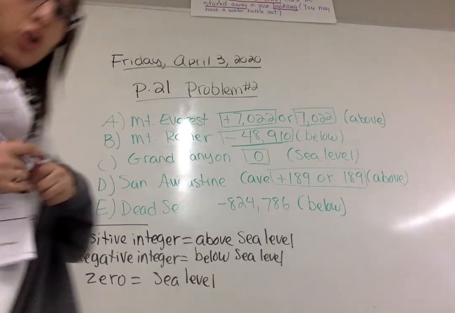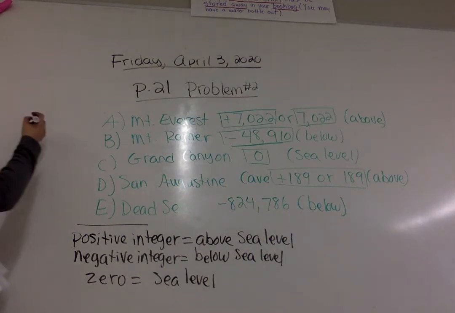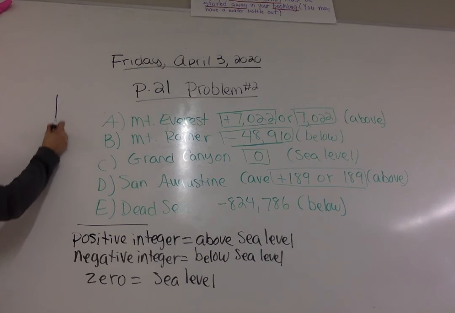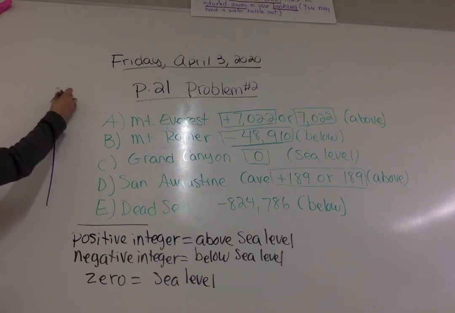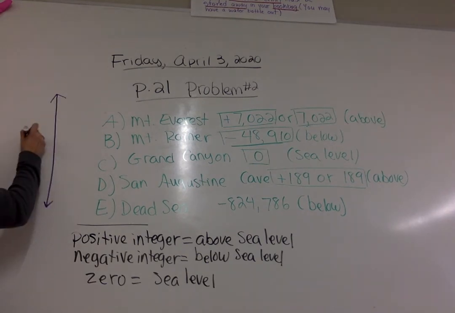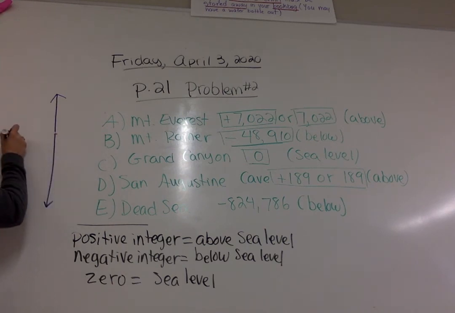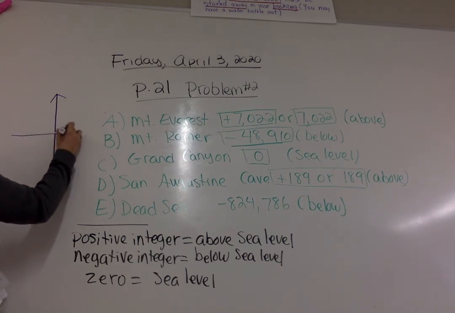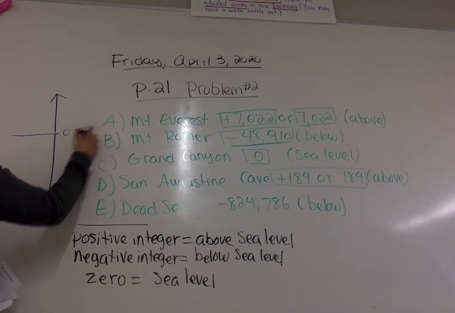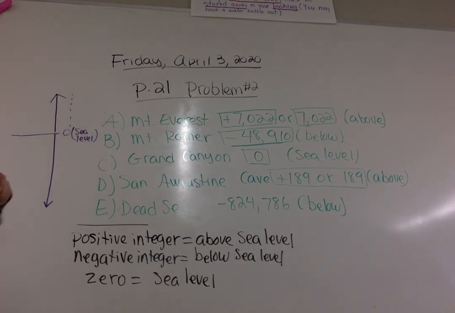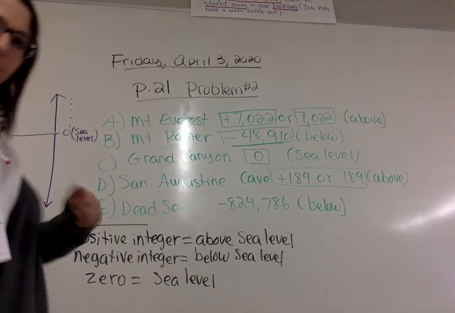So I'm just going to draw a quick little visual over here in purple. I think you can see it over here for you to look at. If this is 0, this is 0, which is sea level. Anything above is going to be positive.